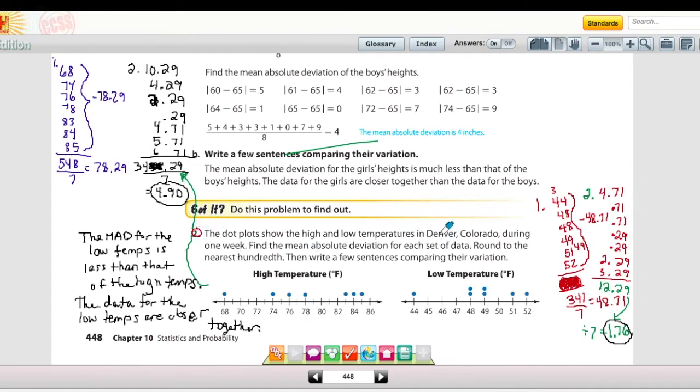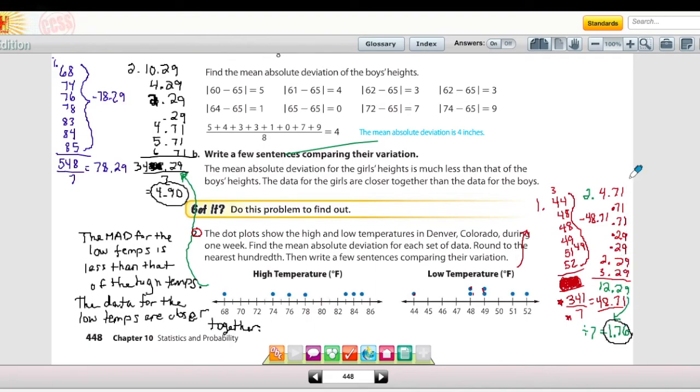Over here on the right, I have the low temperatures. I took these little dots on the graph and translated them to the numbers 44, 48, 48, 49, 49, 50, and 52. Together that added up to 341. Divided by 7 data points, the mean is 48.71.